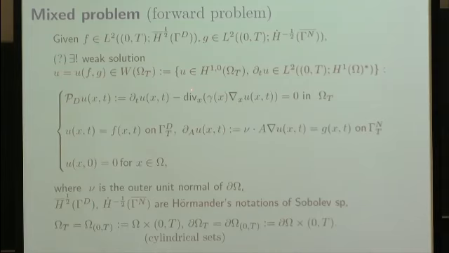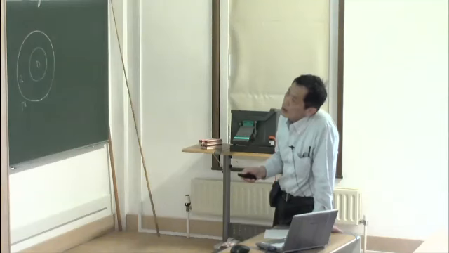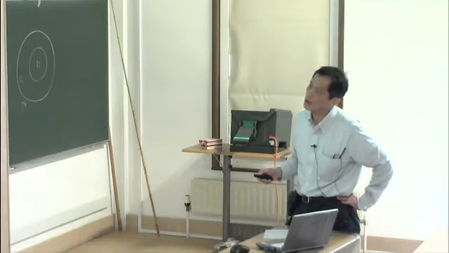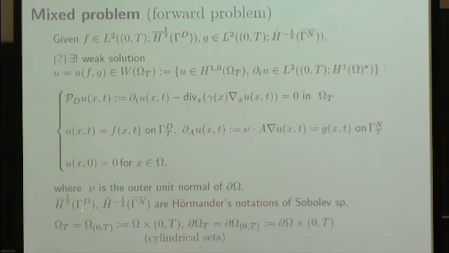And also for these function spaces, I use Hörmander's notation of Sobolev spaces. So for instance, this means it's in the usual H^-1/2 space, but its support is in gamma N bar. And this is just a distribution which can always be extended to the whole partial omega from gamma D, and which belongs to the usual H^1/2.